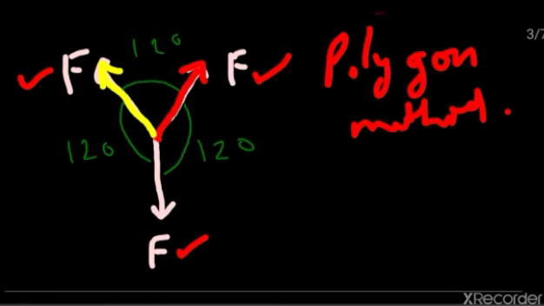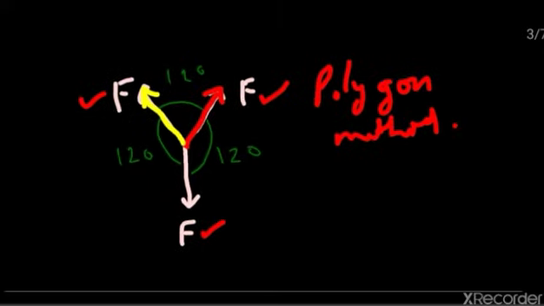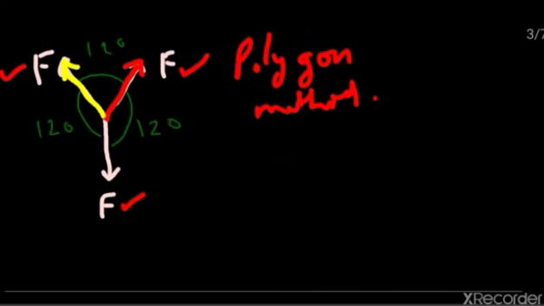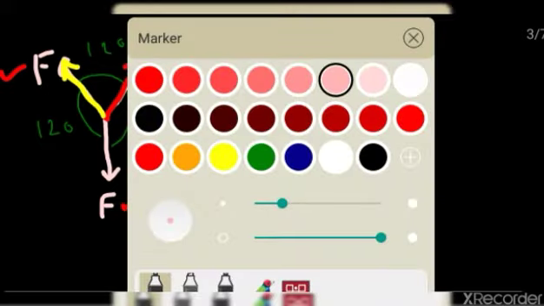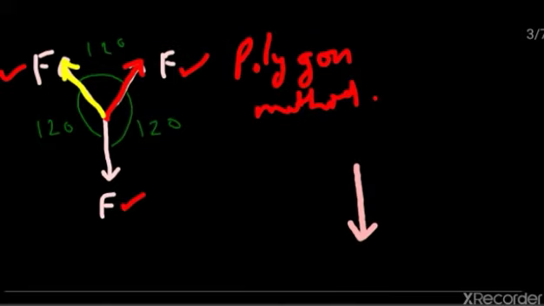Here, this is the first vector, this one is downwards. Another vector, the red vector, is clearly upwards. The tail of the red vector will coincide with the head of this pink vector, so I have drawn this red vector like this.